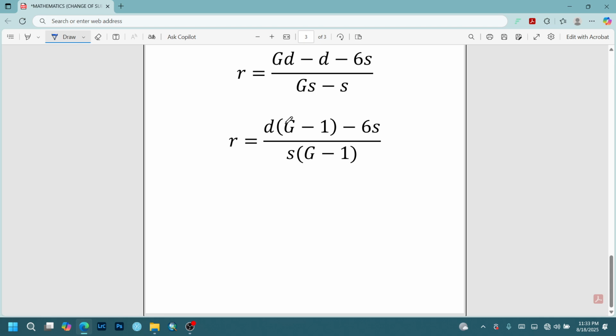So when you do some further cancellation, you can even get J minus 1 cancel out, J minus 1 cancel out. So we are going to get our very final answer to be D minus 6S divided by S, right?